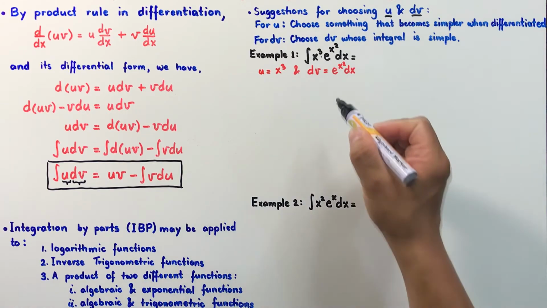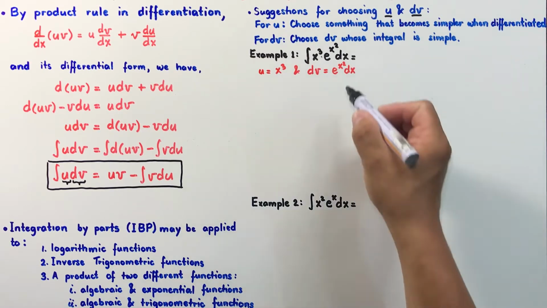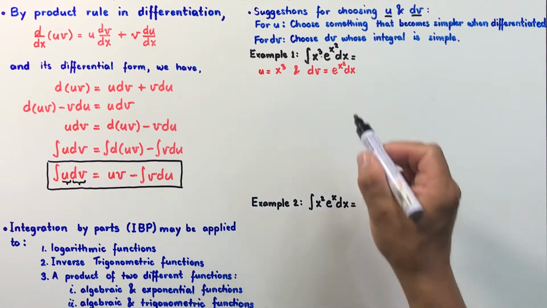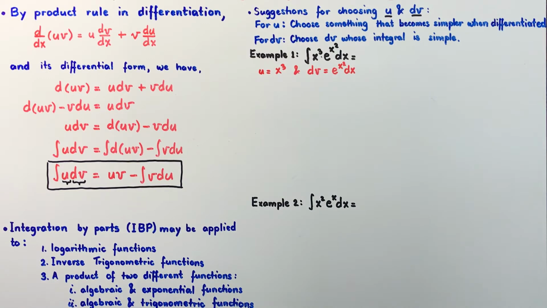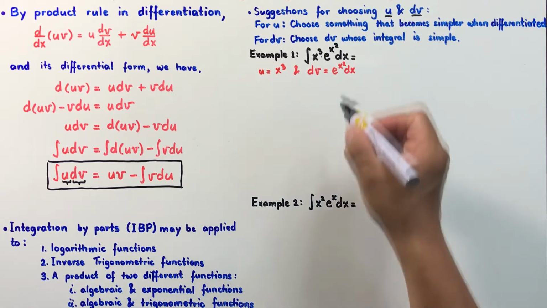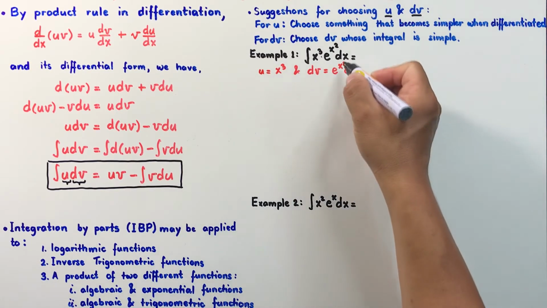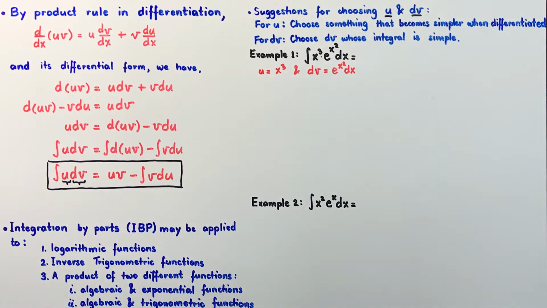Now, looking at this dv, e to the power x squared, the derivative of x squared is not found here, which means that this is not easily integrable, because this is only easily integrable if the derivative of x squared is also found here, and the derivative of x squared involves x, because the derivative of x squared is 2x. So it's good to borrow 1x from x cubed.